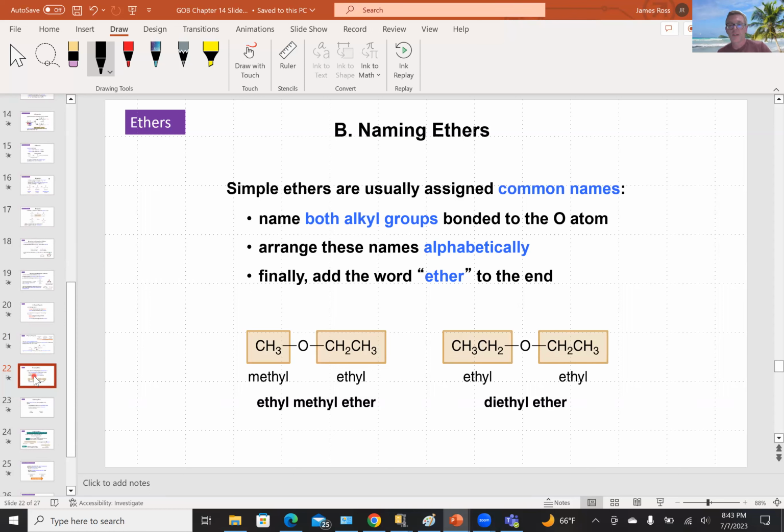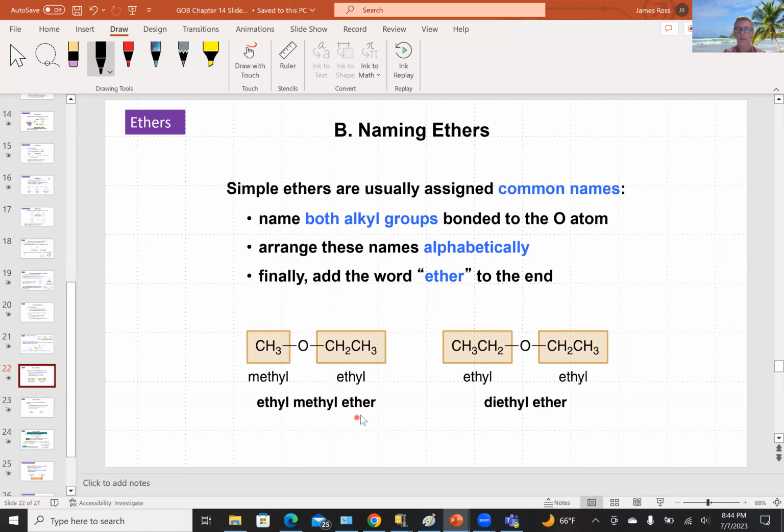Let's look at the nomenclature of ethers. Again, there's a simple or common way to name them, and then there's the IUPAC way. Here's the simple way. You look at the oxygen in the middle, and then you look at the two alkyl groups on either side. Here we have a 1-carbon methyl group and a 2-carbon ethyl group.